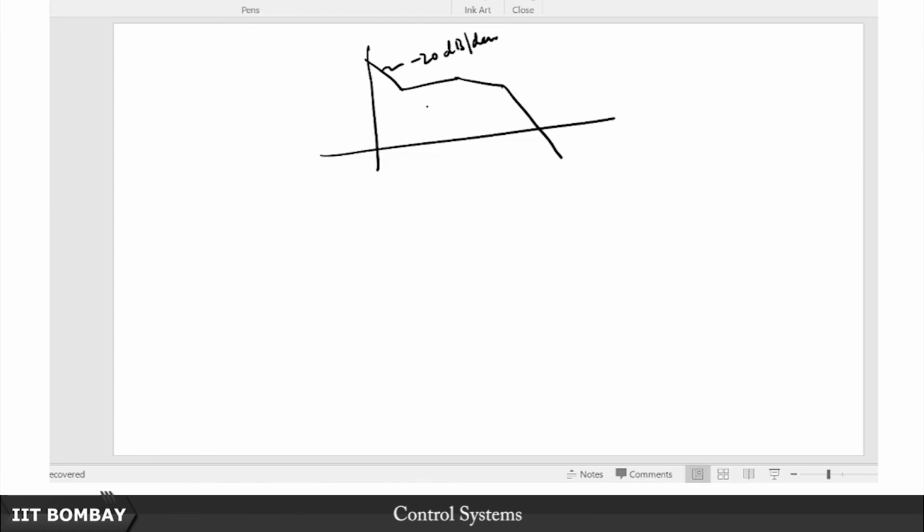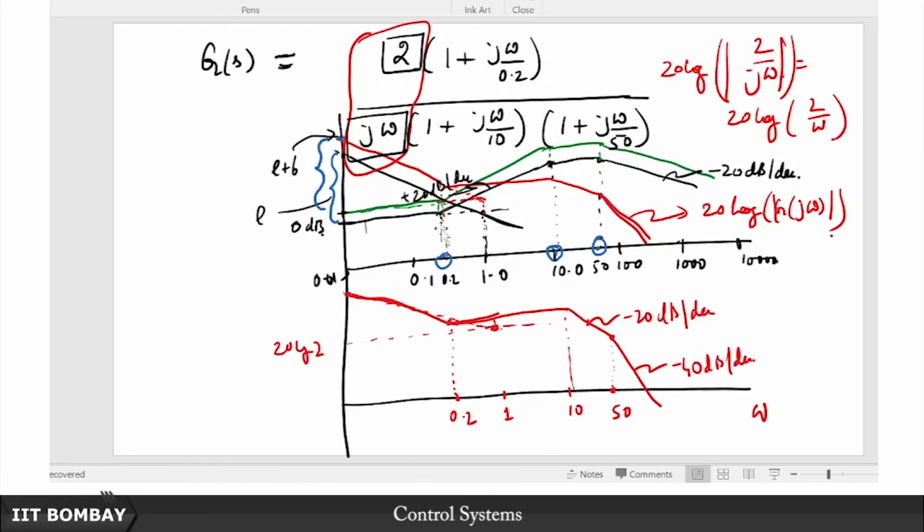So what we are going to do in that case is, we are going to extend this plot. So suppose somewhere here is omega equal to 1. We are going to extend this plot like this, and the claim is that wherever this gives me this value, this is going to be my kV.